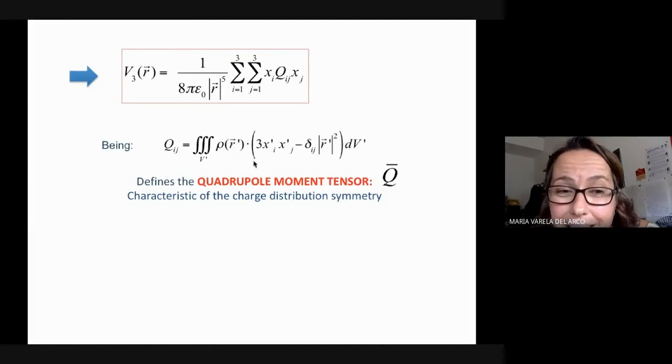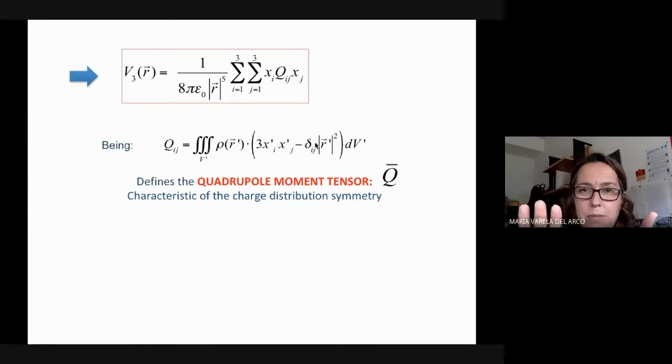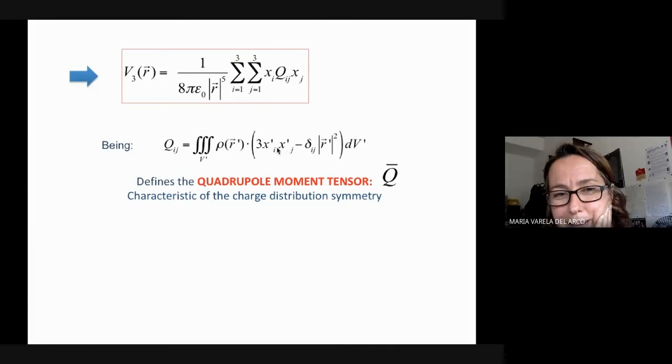And again, the net value of each matrix element is going to depend on the integral of the charge density times a number of spatial variables that basically just depend on the shape of the charge distribution, because x prime 1 is x prime, x prime 2 is y prime, x prime 3 is z prime.